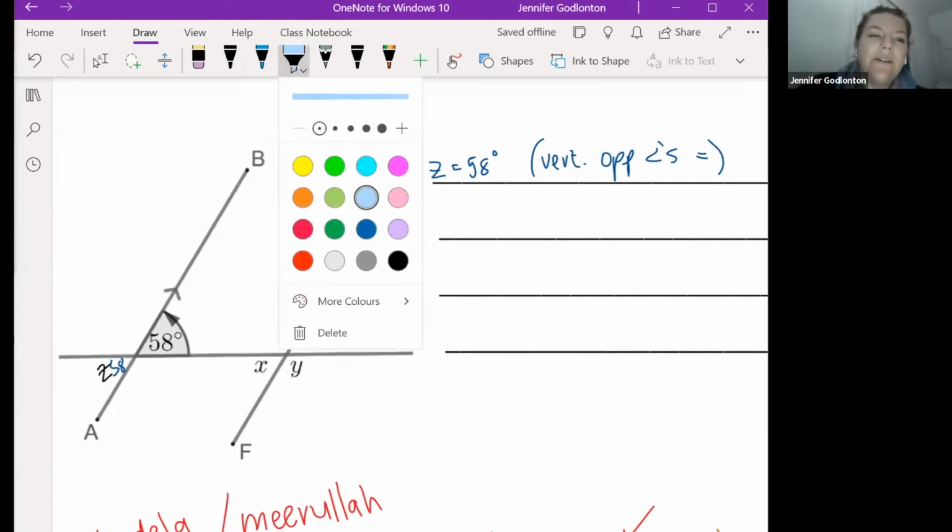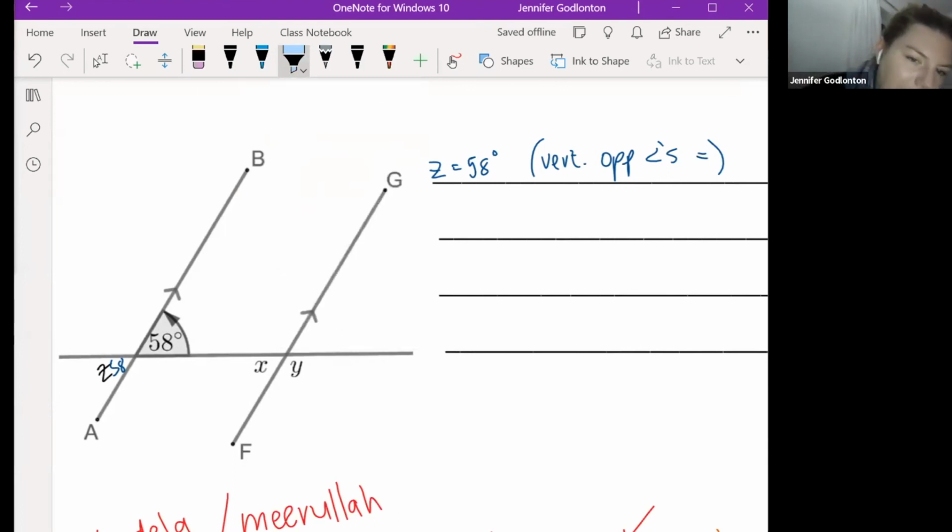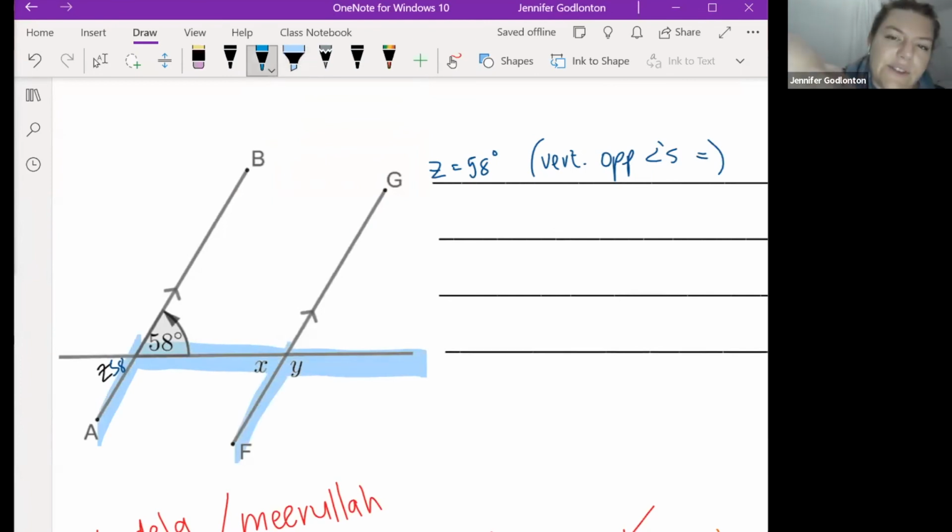Can I show you why? I want to show you why it's not right. For y, do you see how here it's below this line, which means it's corresponding to that angle there, and we don't have that angle. Do you see? So that's why we can't do that.